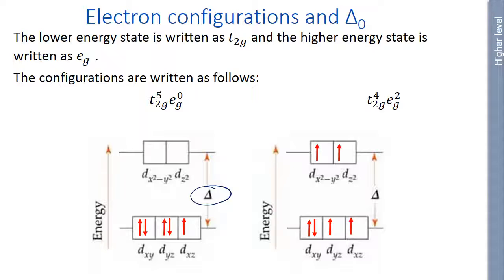Whereas if you have a ligand which doesn't induce this large crystal field splitting, then the electrons are going to be able to move up into the high energy suborbitals. So in this particular case, it'll be t2g^4 and eg^2, because the electrons can jump, as it's a lower energy field.